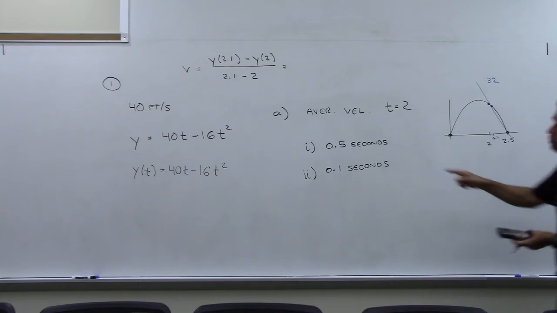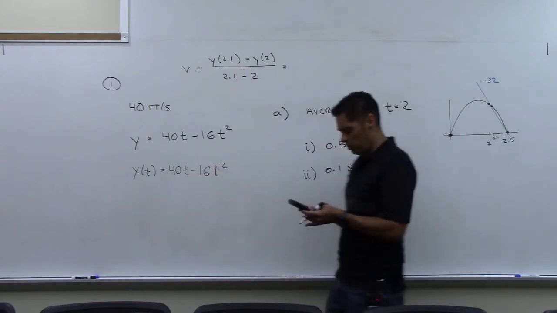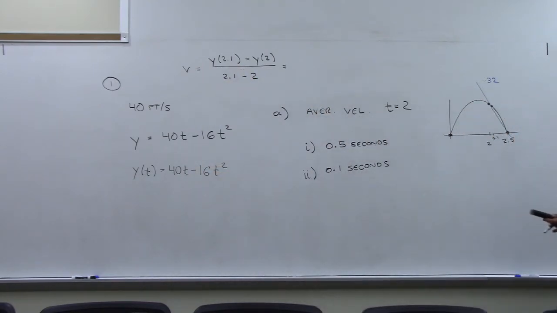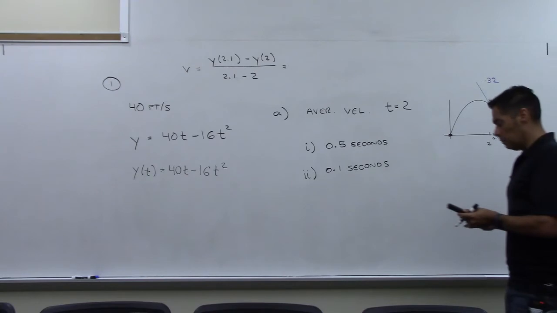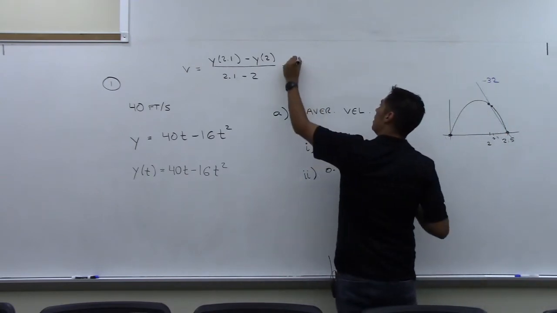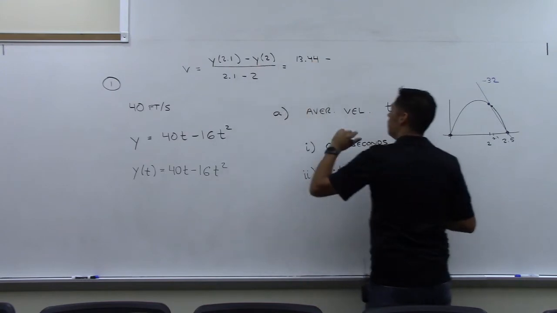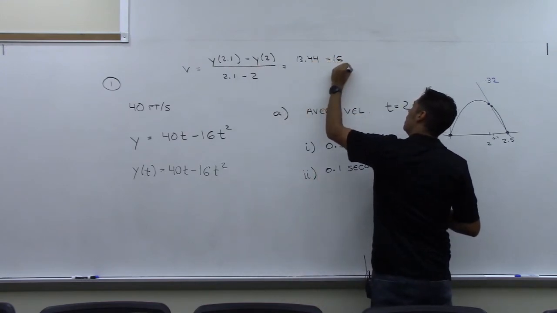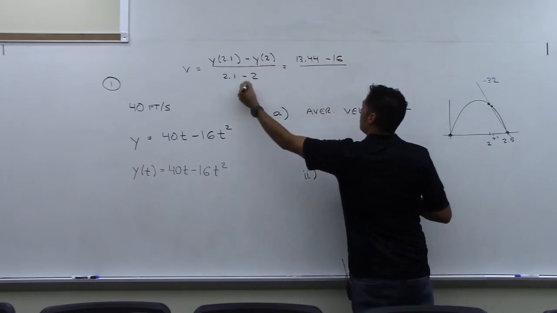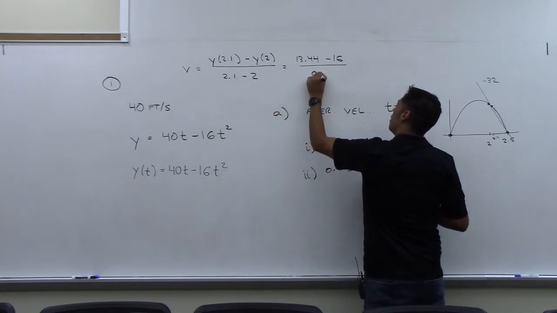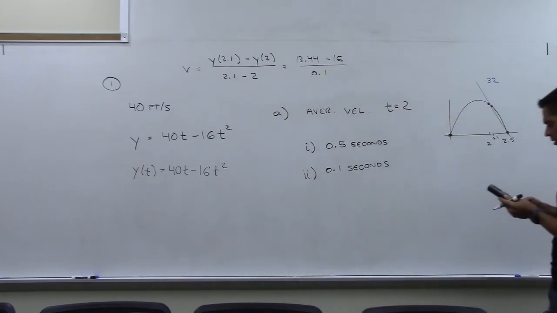So I go through, plug in 2.1 first. So plug in 2.1 in this, 40 times 2.1 minus 16 times 2.1 squared. I get 13.44 minus, now y of 2 we already know is 16. And then this is a little different too. We get 0.1. So let me compute the top first.